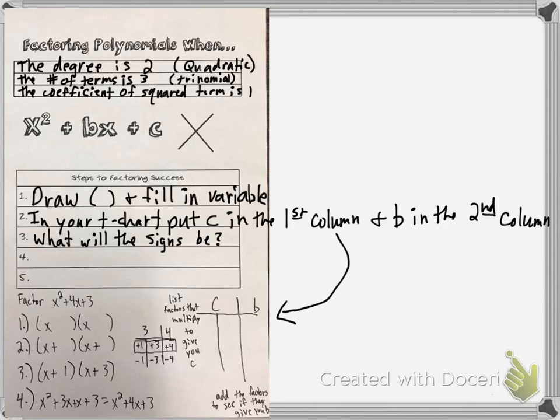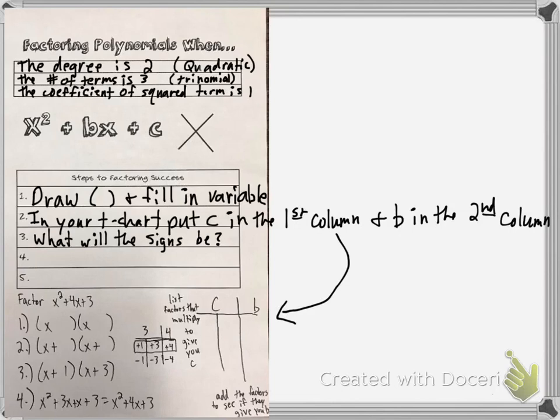If the sign in front of your C value is a positive, you know your signs are going to be the same. They're either going to be minus minus or plus plus. So if it's plus in front of the C, they're going to be the same. And then the number in front of the B value tells you what they're both going to be. So in this case, it's a plus and a plus in front of my B, so what are they both going to be? Plus. Plus.